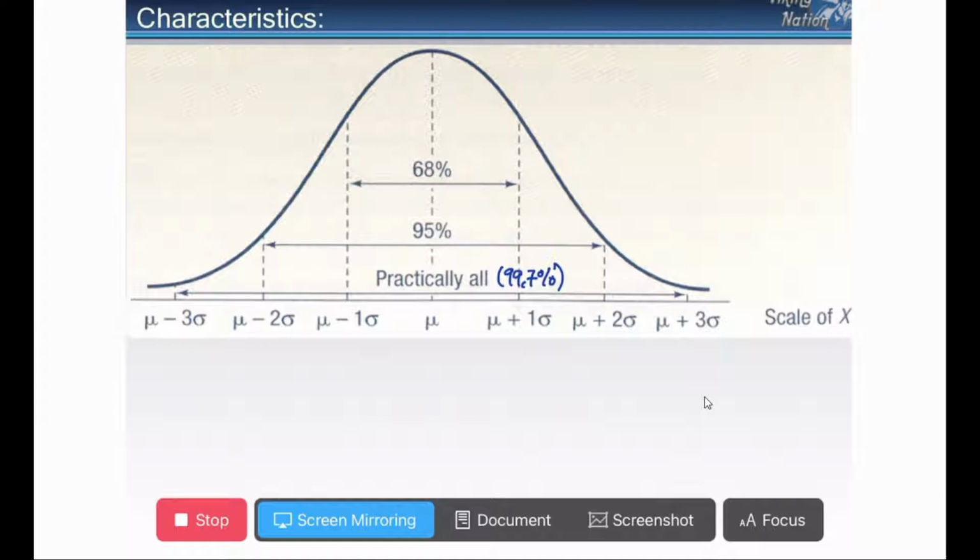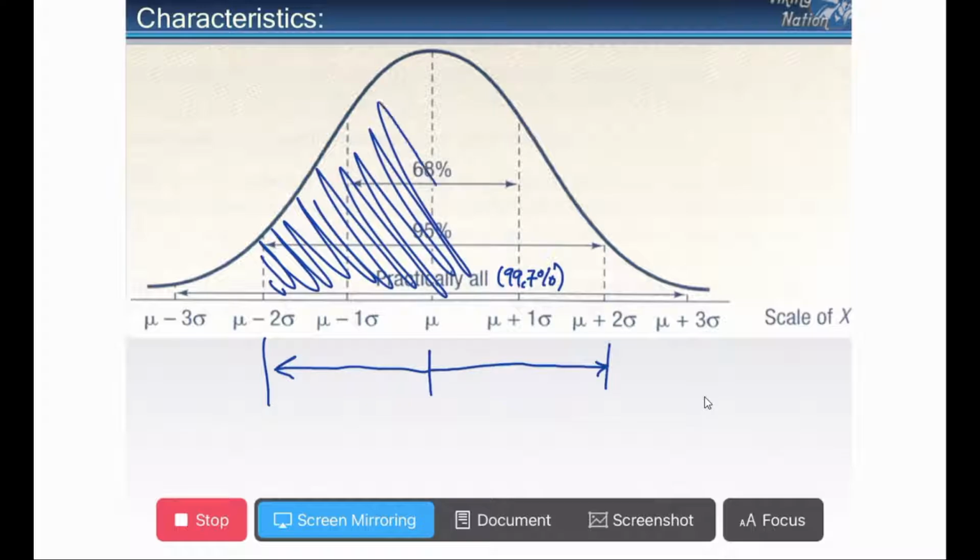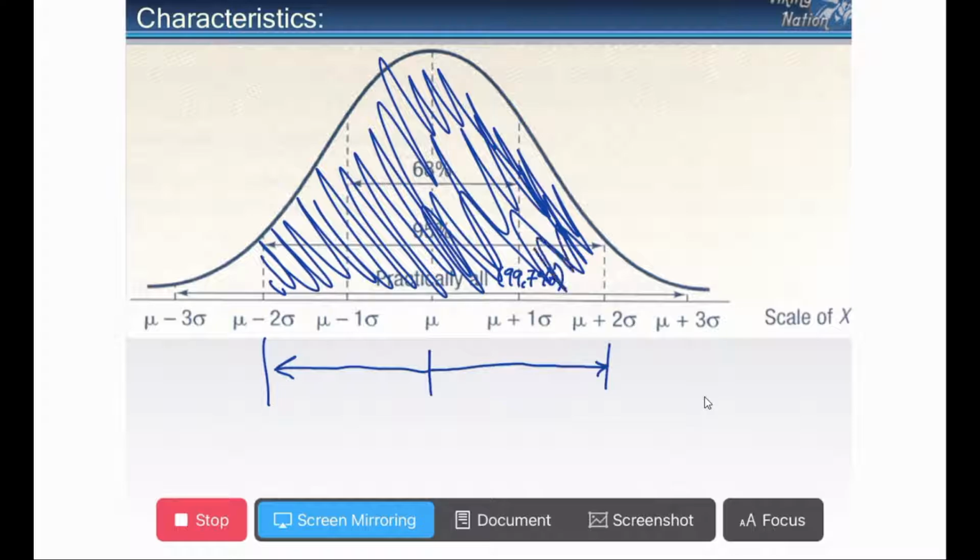We'll also note that approximately 95% of the data values of x will lie within the range of mu minus 2 sigma and mu plus 2 sigma. So what that means, once again, is that if we start at our mean, and I go 2 standard deviations to the right and 2 standard deviations to the left, this chunk of my curve right here, this shaded in area, will cover 95% of my data values.